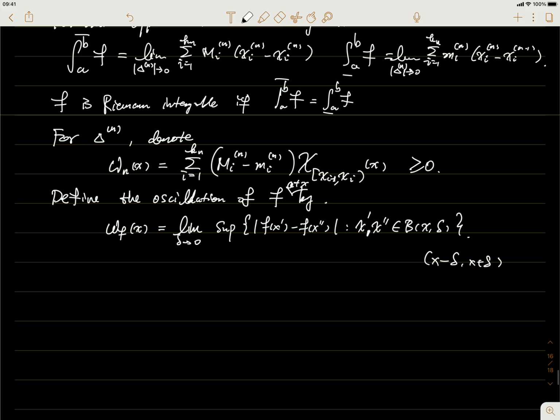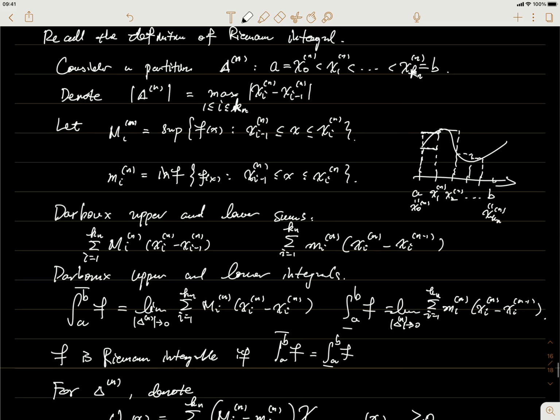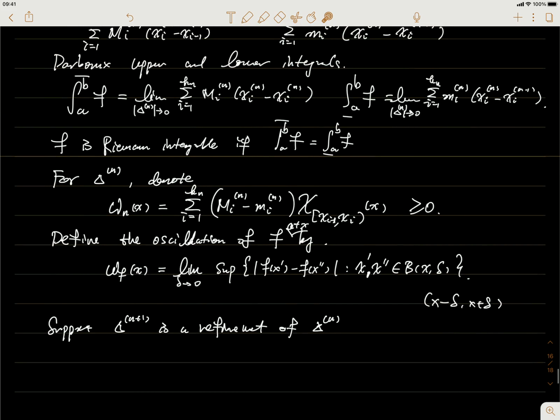What I'm trying to say is that suppose you have another partition delta n plus 1, which is a refinement of delta n. A refinement means that originally you have these kn points as the partition of the interval, then you still keep these points but you add more points in between. Then you get a refined partition. That's what I mean by refinement.